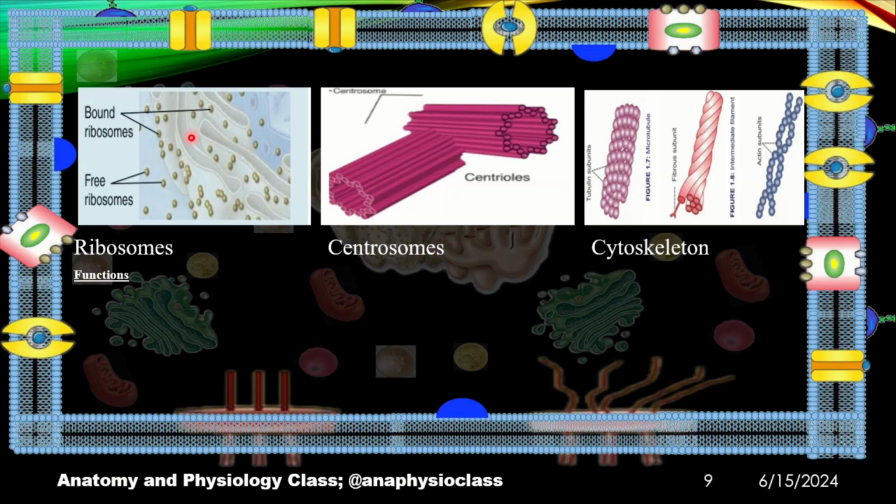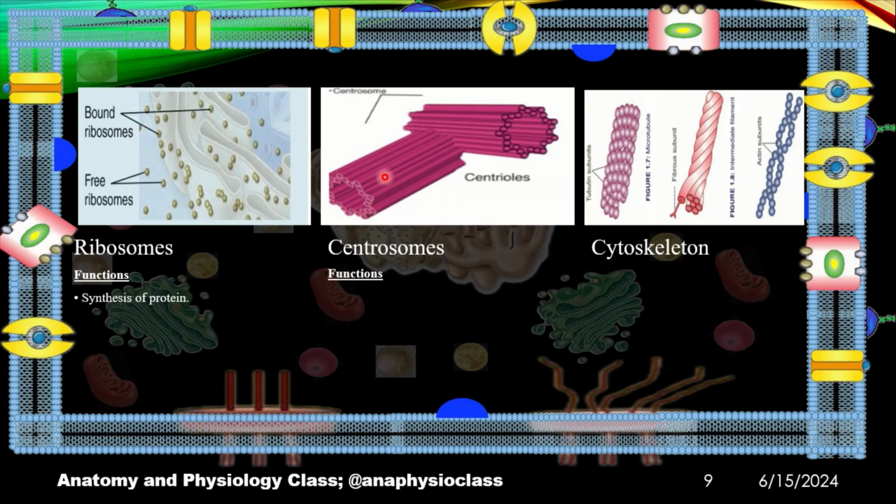Those that move freely in the cytoplasm are known as free ribosomes. Synthesis of protein is the main function of ribosomes, which we are going to see when we come to protein synthesis. Ribosomes are also known as the protein factories.